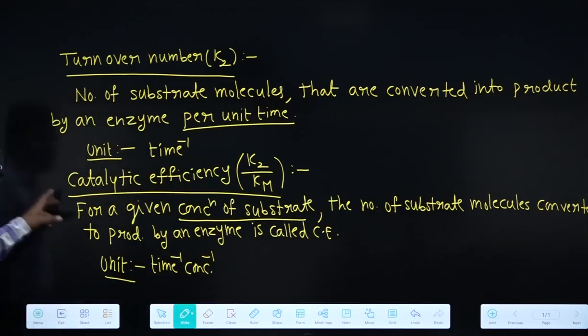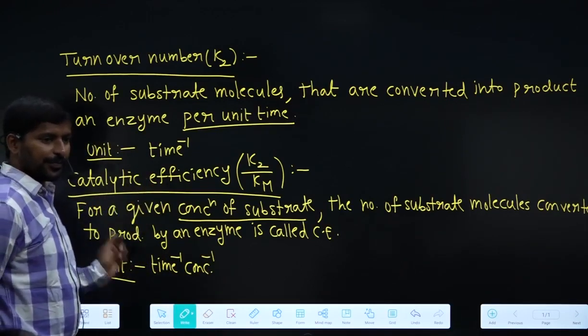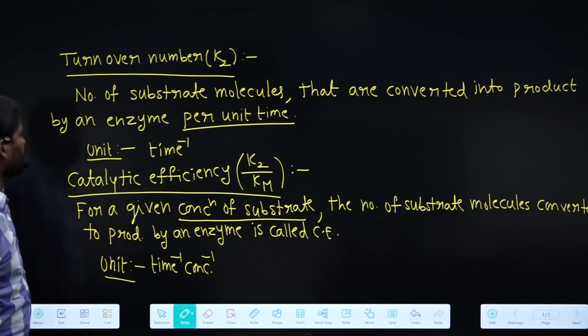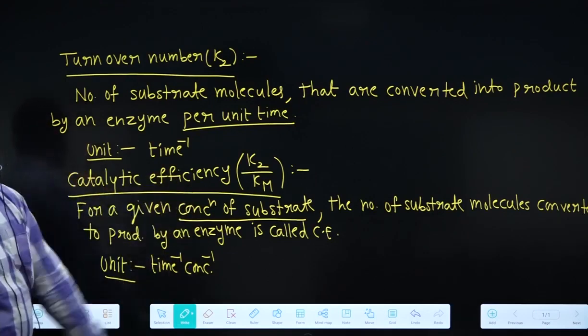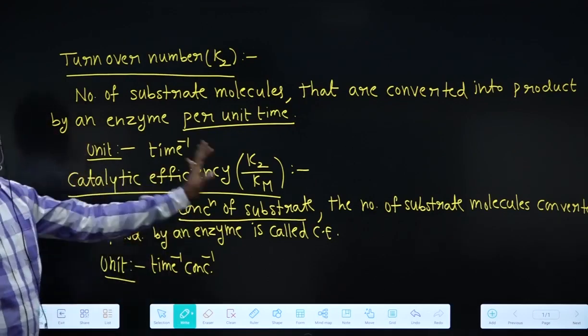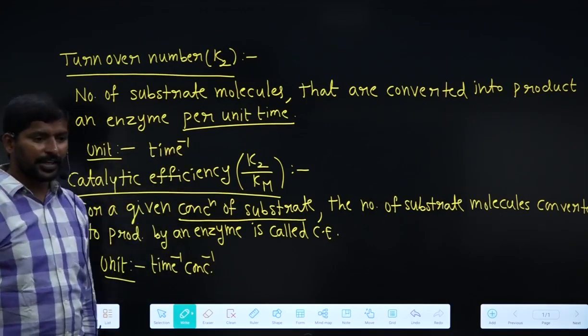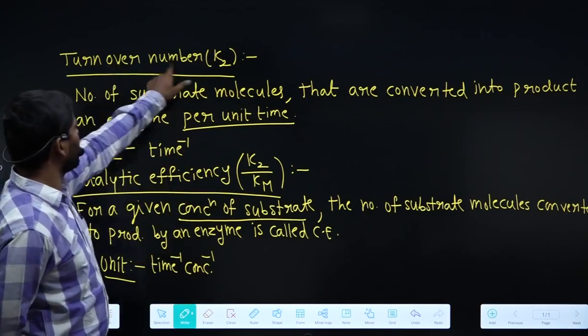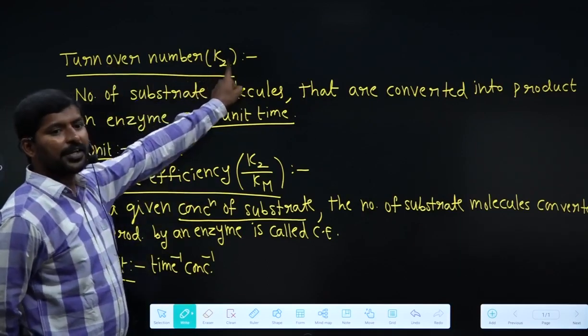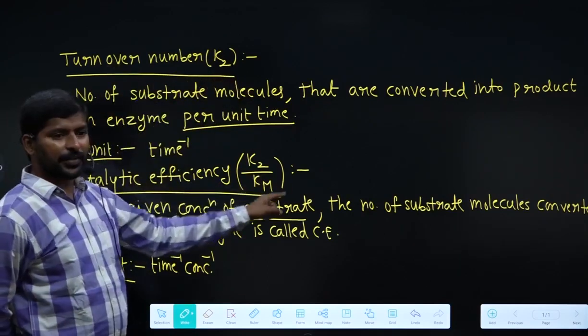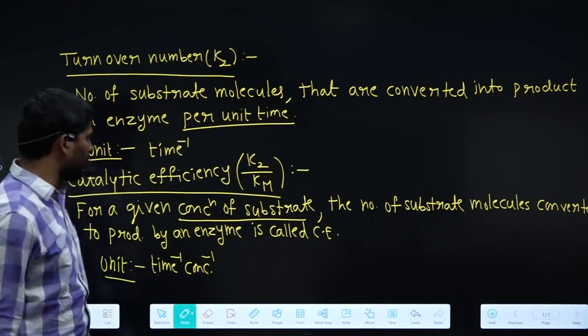That is the catalytic efficiency: for a given concentration of substrate, how many of them are converted to product by an enzyme in a given time. So remember, turnover number is represented by K2, and catalytic efficiency is represented by K2 by Km.